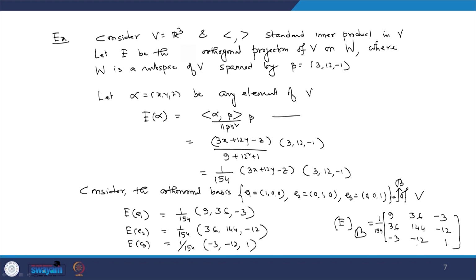So, I see this matrix is symmetric, and since it is over the real numbers, it will be equal to its transpose. This implies the matrix representation of E with respect to B, suppose A, satisfies A equal to A transpose, which is basically the matrix representation of E star with respect to the same ordered basis.